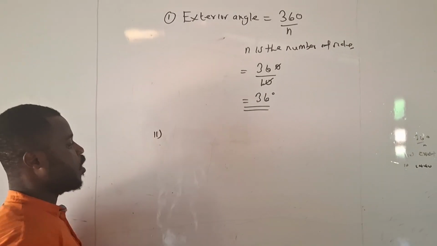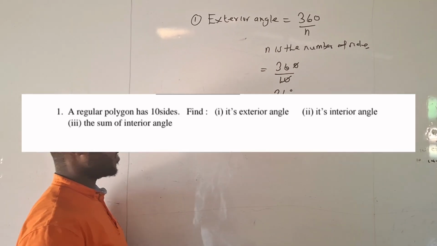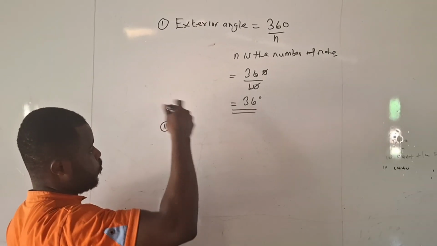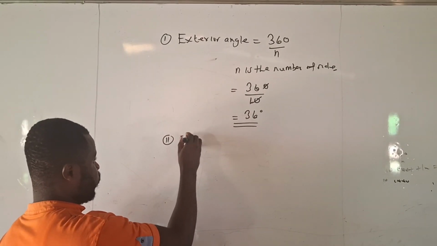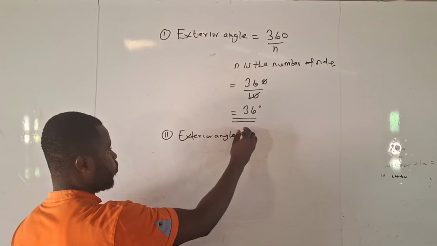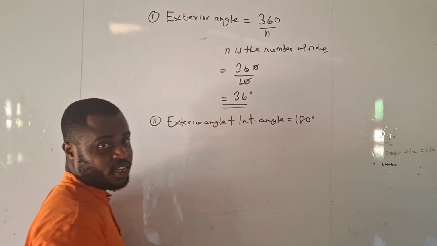Now, part two says that we should find the interior angle. So with this question, we have to find the interior angle. Since the exterior angle has been found, what you have to understand is that the exterior angle plus the interior angle is equal to 180 degrees.